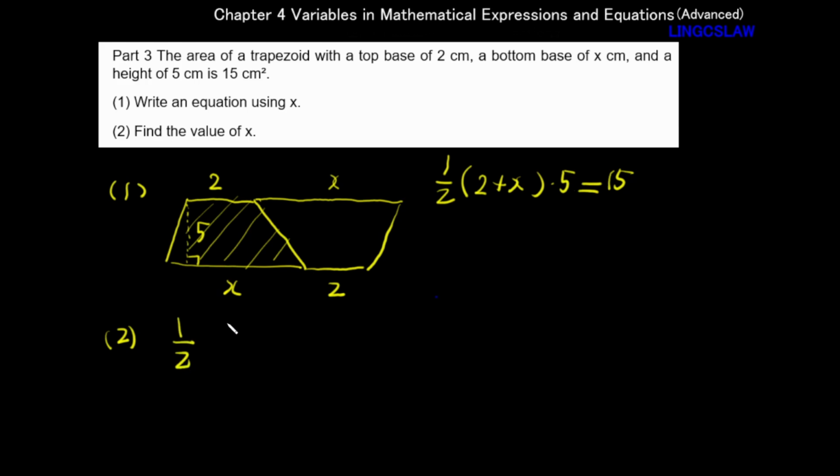So 1/2 times (2 plus x) equals 15 divided by 5 equals 3. And let's multiply both sides by 2. So 2 plus x equals 3 times 2 equals 6. And therefore x equals 4. This is the answer. Okay, let's go on to part 4.